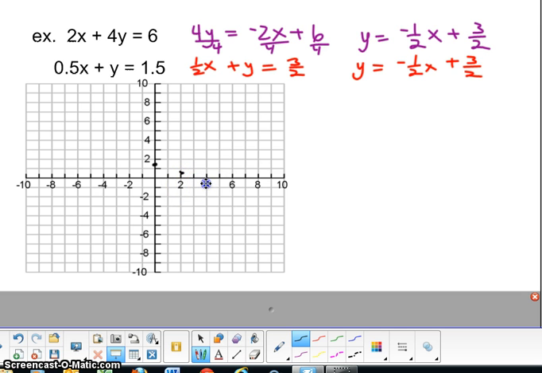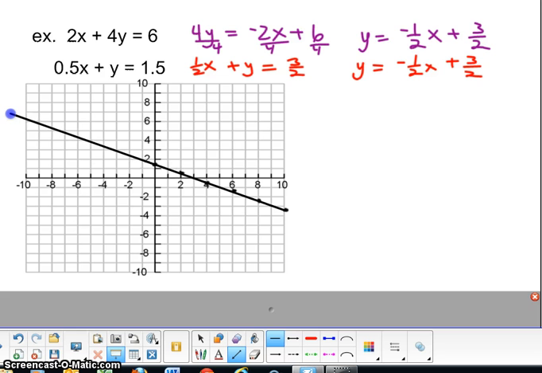Down 1 over 2. So you're going to end up in the middle of each one of them. Okay, so I'm going to get my handy dandy segment tool here and connect them all like so. And it looks something like that. Little arrows to symbolize it goes on forever.